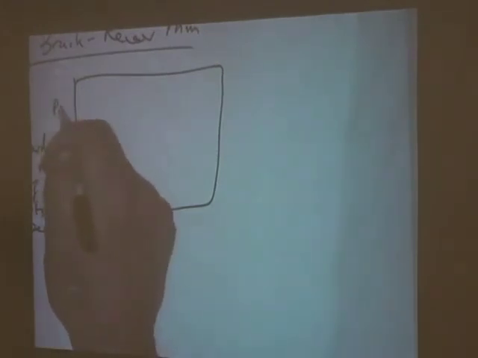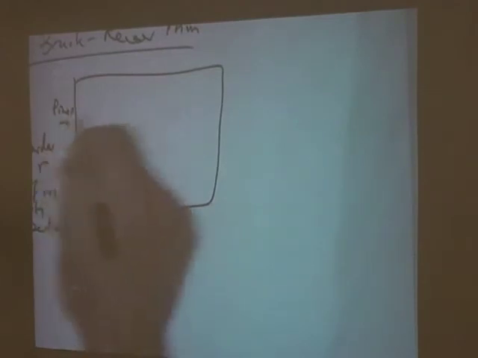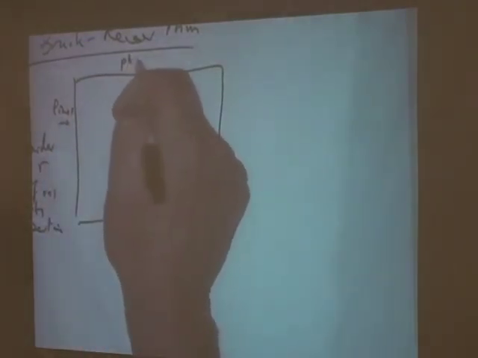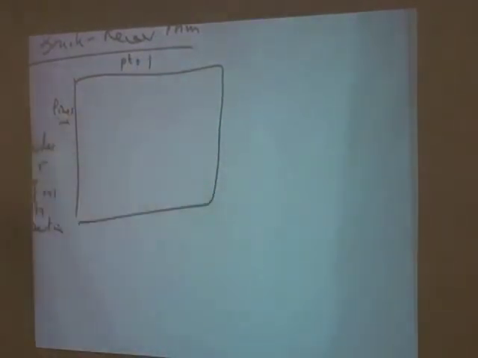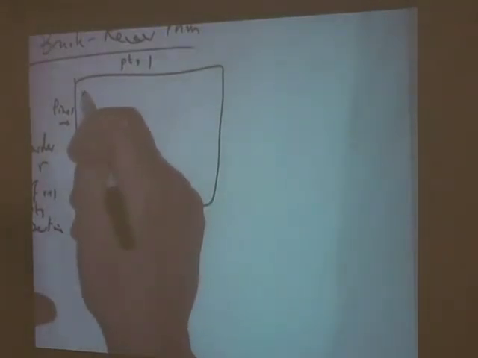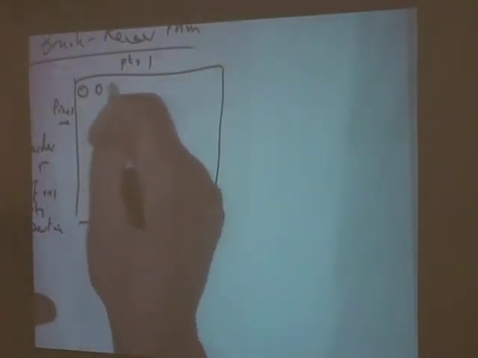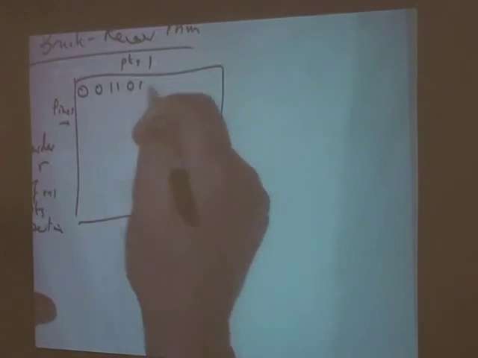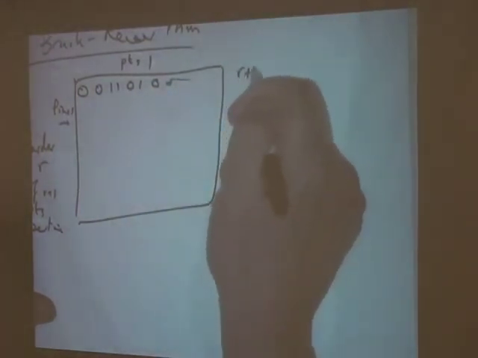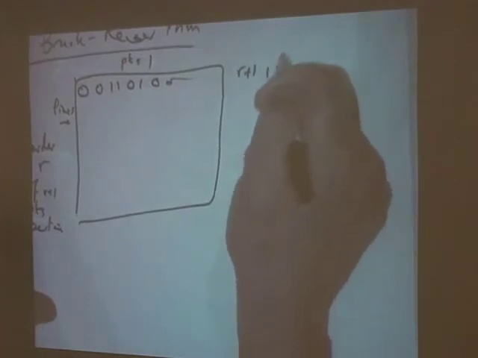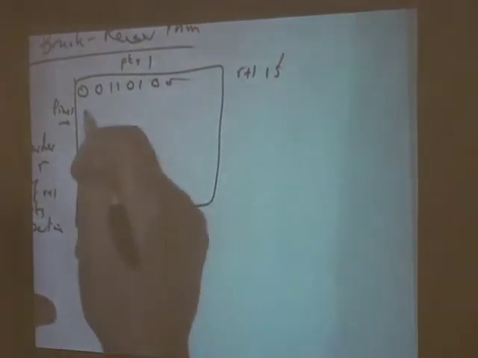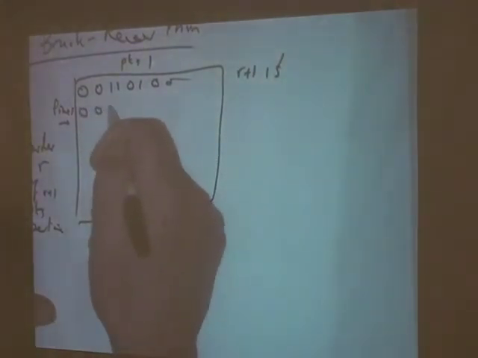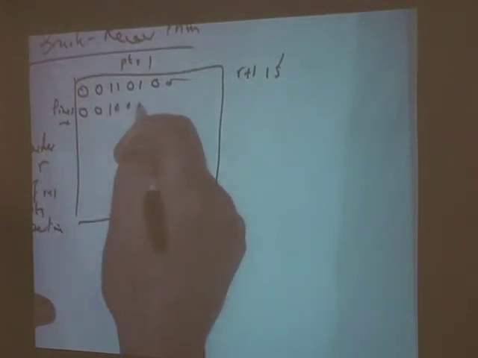I'm going to write down the lines corresponding to rows and the points corresponding to columns, and this is the incidence matrix. There are r+1 ones in this row, and there are r+1 ones in this one too.